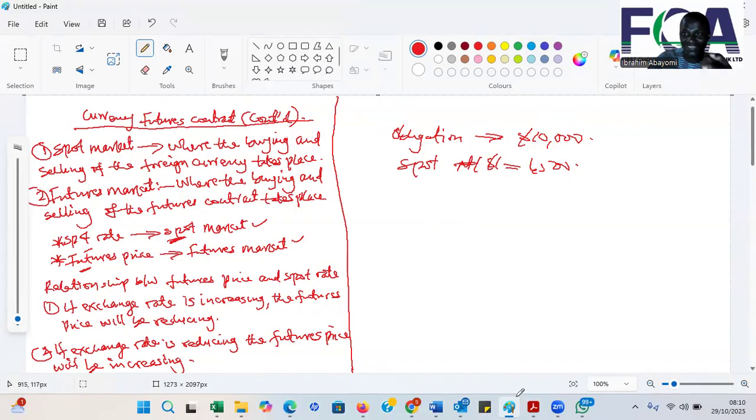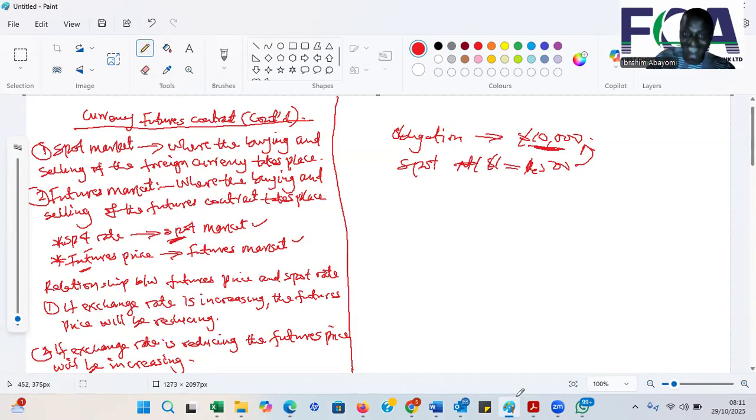My fear is that this exchange rate will increase in the future. That's the reason why I want to hedge, because I have obligation. If exchange rate increases, I will need more naira to buy the $10,000. So I will spend more to buy the $10,000.